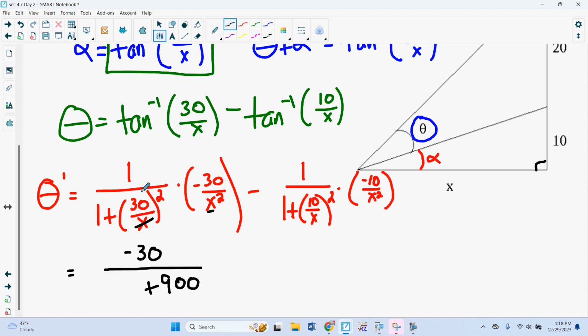And this x squared multiplies by 1, so I get negative 30 over x squared plus 900. I'm going to do the same thing over here. This gives me a 10 on the top. This x squared times 1 is x squared, and when I distribute it, it cancels and just gives me plus 100. So there is our derivative.